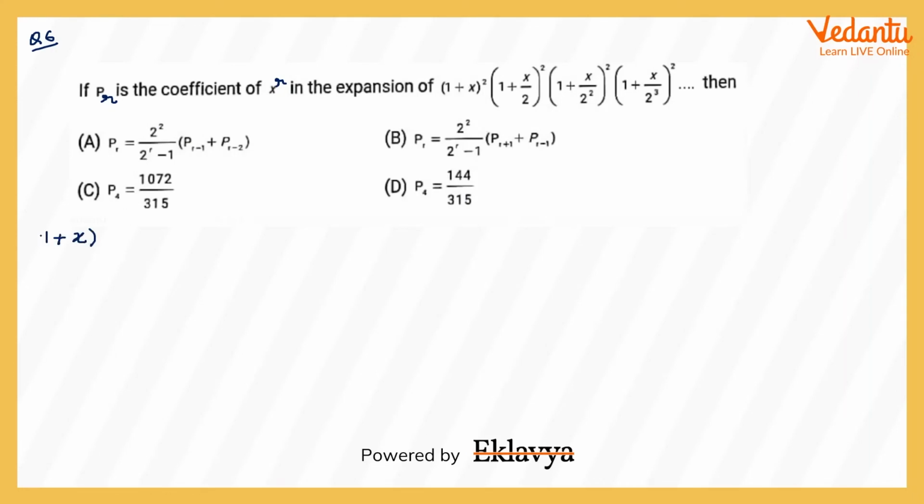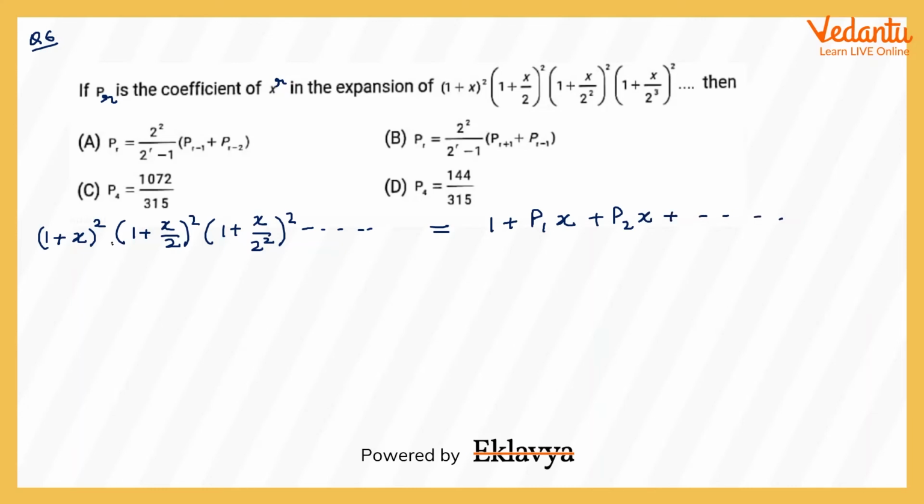We can write this (1 plus x) squared into (1 plus x by 2) squared, (1 plus x upon 2 squared) squared, and so on, as 1 will be the first term. In fact, p_0 can be equal to 1 because the constant term will be when all ones are multiplied, plus I will write p_1 into x, then p_2 into x squared, and so on.